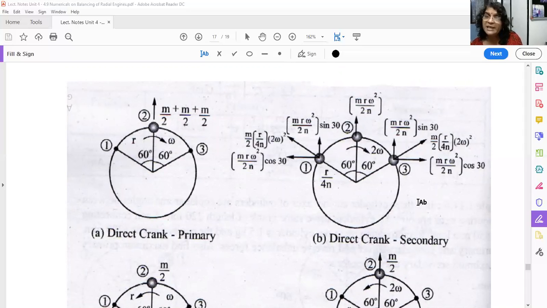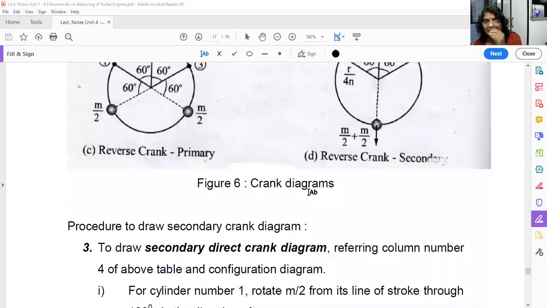What is the magnitude of secondary unbalanced force? m r omega square upon n, or m into r by 4n into 2 omega bracket square. So we have to add this, and these are having same magnitude. So we can write 2 into m by 2 r omega square upon n plus m r omega square upon 2n.